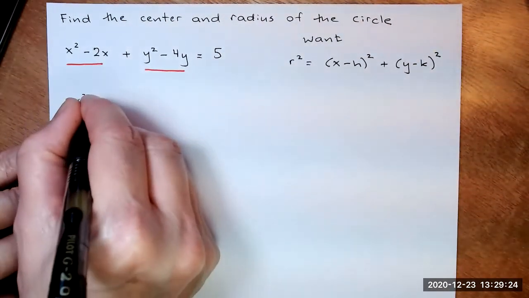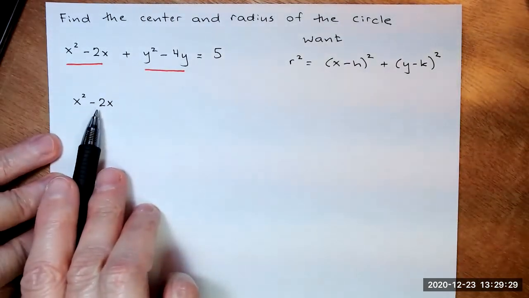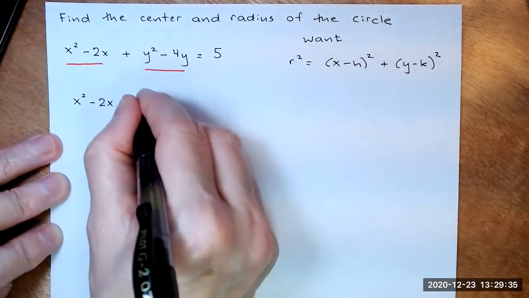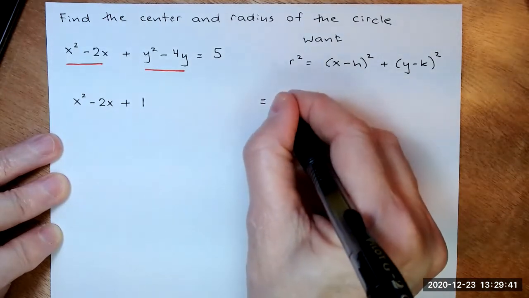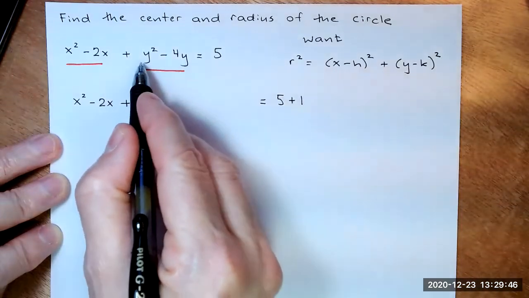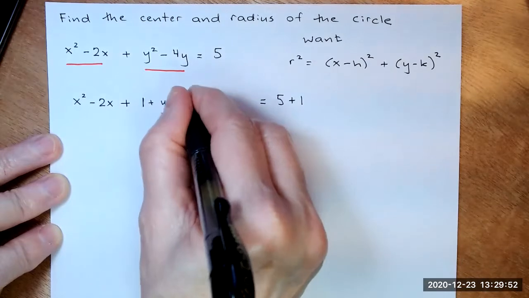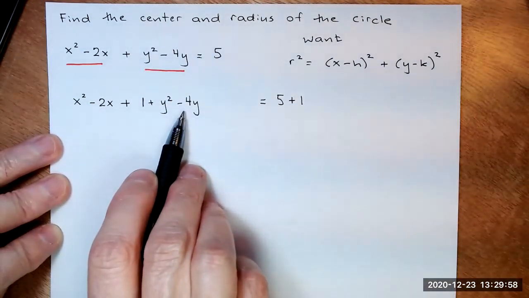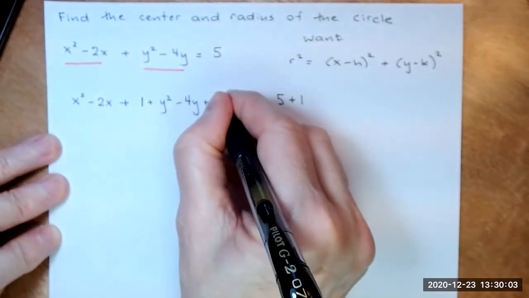So we have x squared minus 2x. You take half of the middle, which is -1, and square it, and you get +1. Now this is an equation, so we have to add that 1 to both sides. And then we complete this square. So we take half of the middle here, which is -2, and then square it, which is +4.